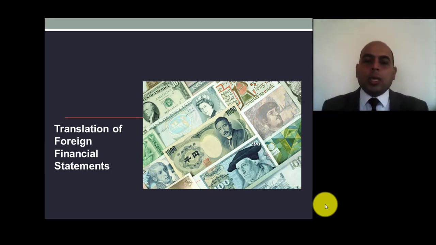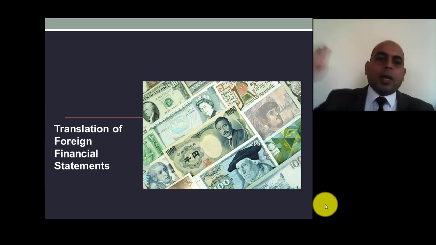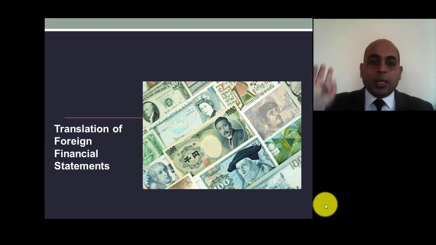On the other hand, when we adopt the temporal method, we have to distinguish between monetary and non-monetary items. As we discussed, monetary items are translated by the current exchange rate, non-monetary items by the historical exchange rate. Revenues and expenses are translated by the current exchange rate, except the items associated with non-monetary items, which we translate by the exchange rate used to translate the asset or liability itself.